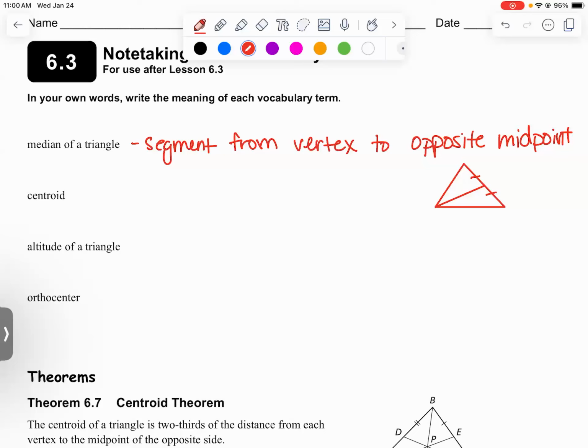Now the centroid. If you were to guess, what do you think a centroid's going to be? Center, okay, the center of our triangle. It's going to be the intersection of all of our medians, which is centrally located.